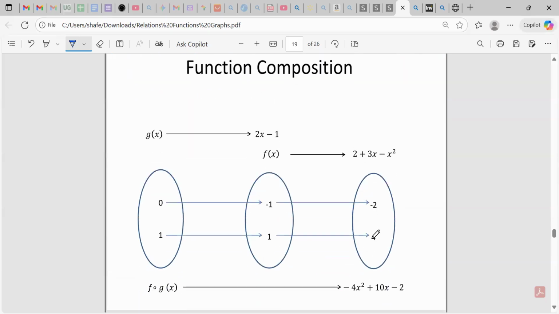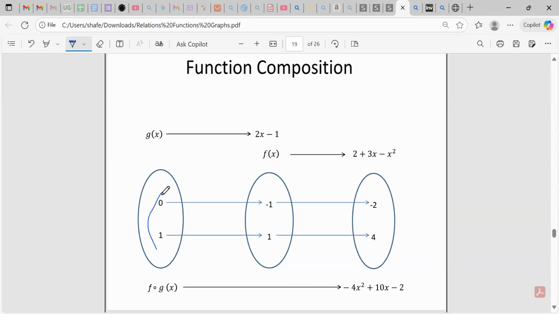And I try to illustrate it here. If I take the numbers 0 and 1, put them in gx, the output is going to be minus 1, 1. If I take this now and put it in fx as the input, I get out minus 2, 4. So I did two functions here.